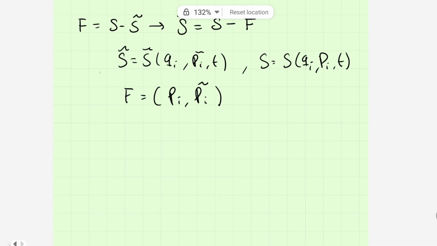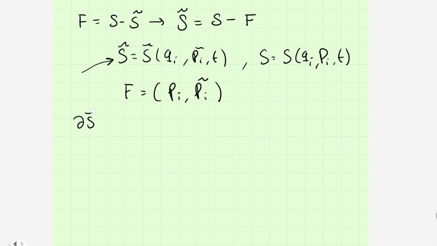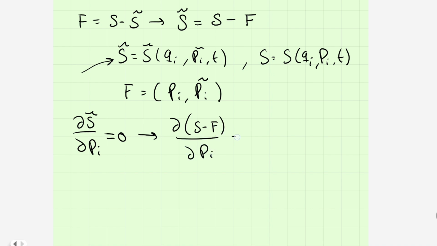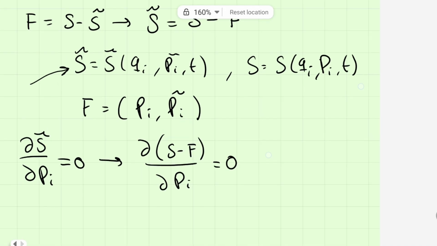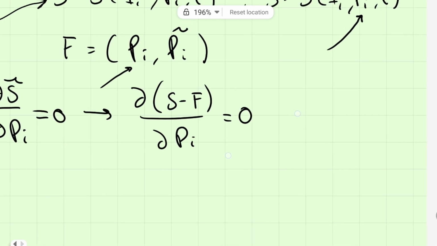So we know that the function s tilde depends on qi, pi tilde, and t. That means that the partial of s tilde with respect to pi is going to be equal to 0. So the partial of s minus f with respect to pi is equal to 0. Looking at this function s, which depends on pi, and f, which depends on pi, it turns out that the difference between these two functions does not depend on pi.